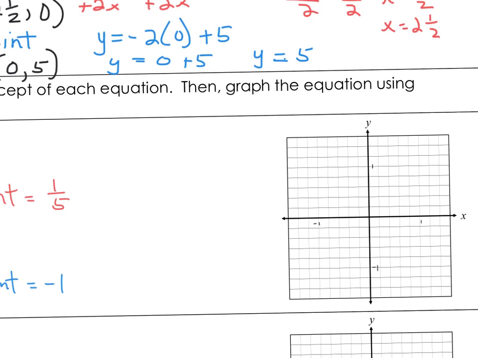So now that I've done that, I can plot the 1/5 on the x-axis right there. And pretty close. All right, and then the y-intercept is -1. So on the y-axis, I'm going to put a point at -1. And now I just draw the line to connect the two. And there's my line.